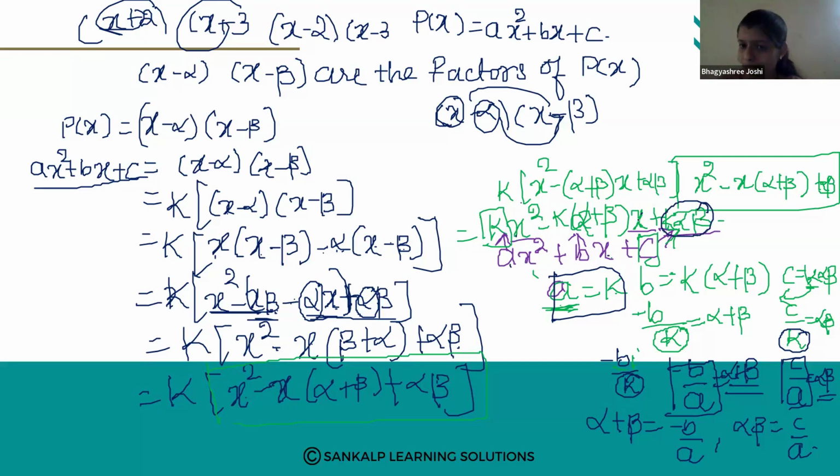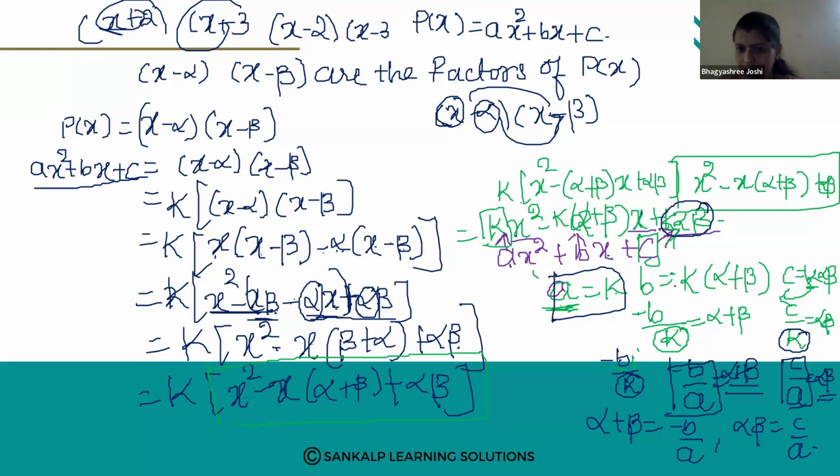What happened to the b value now? b means coefficient of x. What is the coefficient of x? It is minus k into (alpha plus beta). So write b is equal to minus k into (alpha plus beta). What is c? c means k into alpha beta. Right?